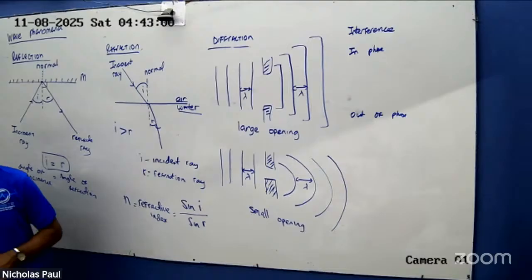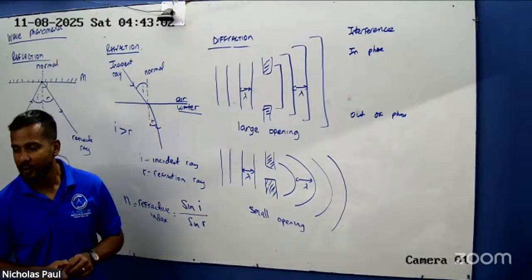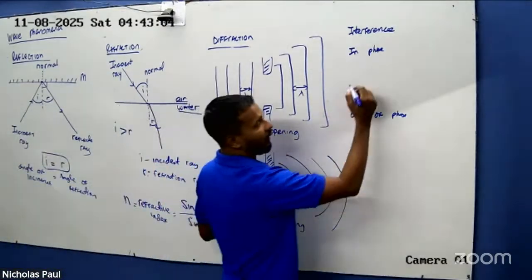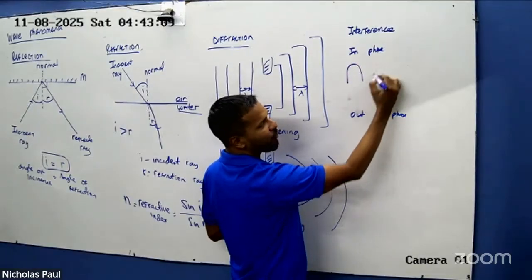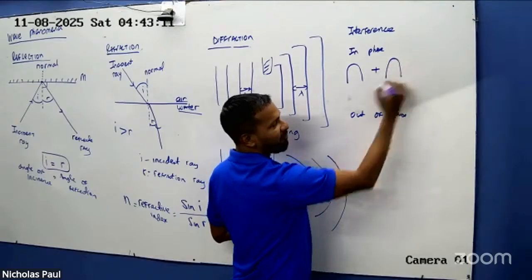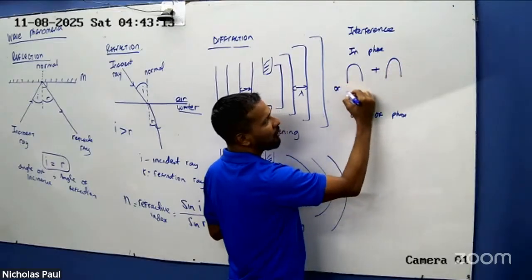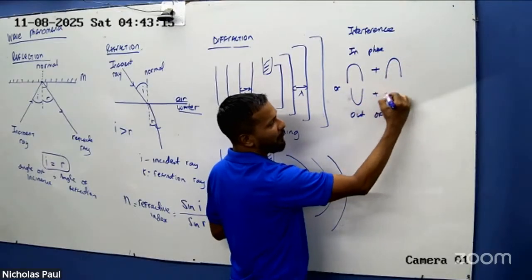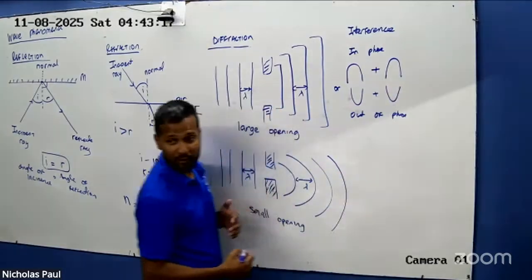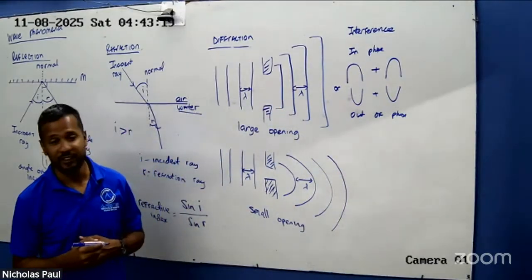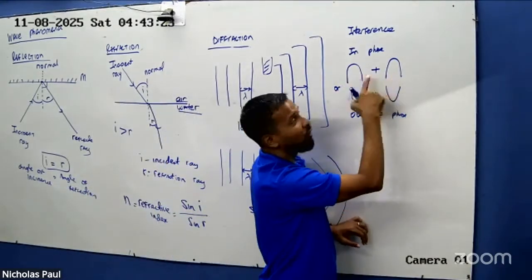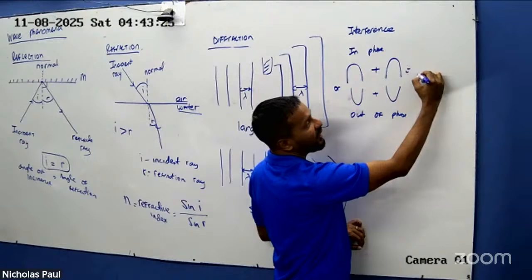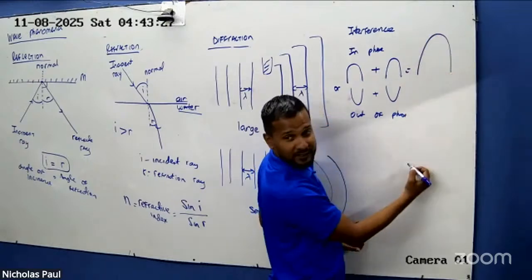Right, so in phase waves are represented like this. If two waves are in phase, you might have a crest of that wave meeting a crest of the other wave, or a trough meeting a trough. Whenever a crest meets a crest, they're going to get a bigger crest.